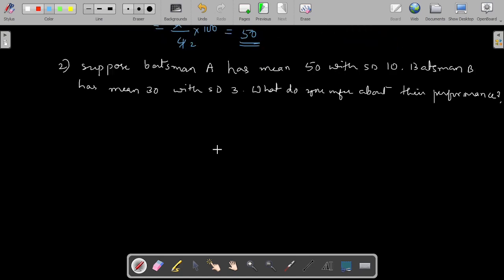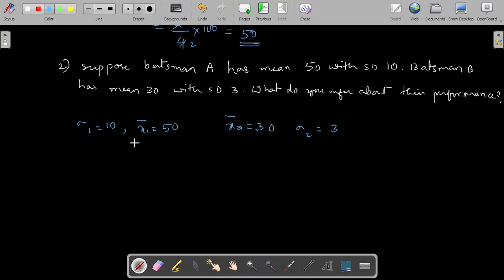Second problem: suppose batsman A has mean 50 with standard deviation 10. Sigma 1 equals 10, mean x1 bar equals 50. And batsman B has mean 30, so x2 bar equals 30, with standard deviation sigma 2 equals 3. What do you infer about their performance?